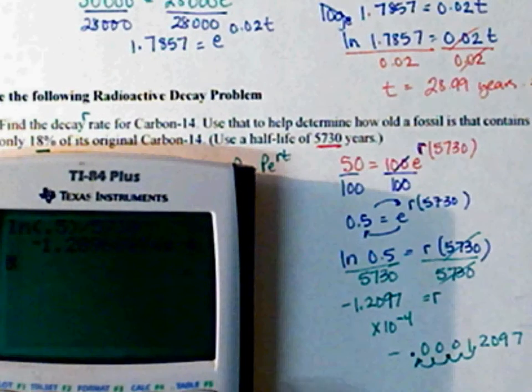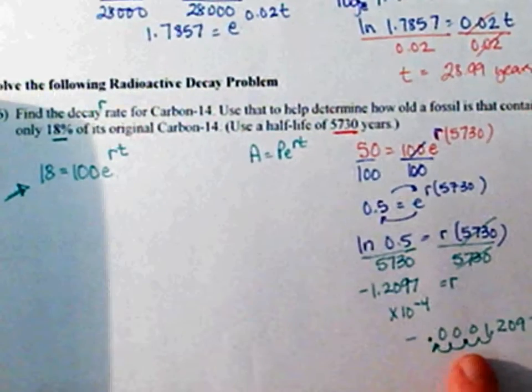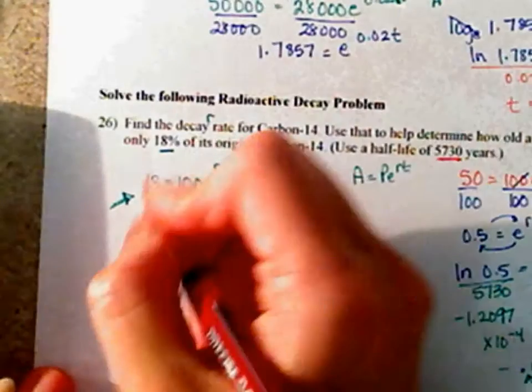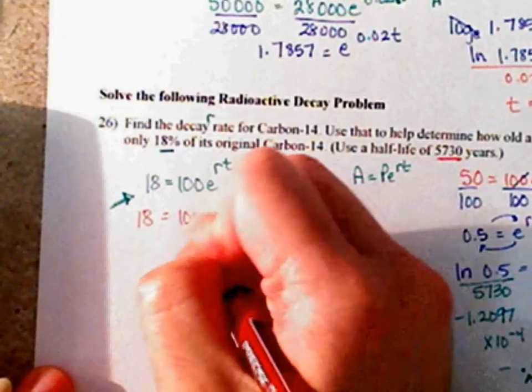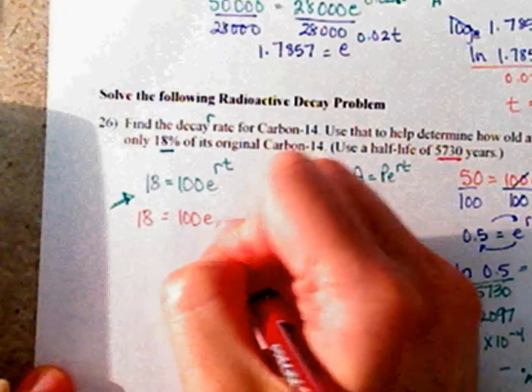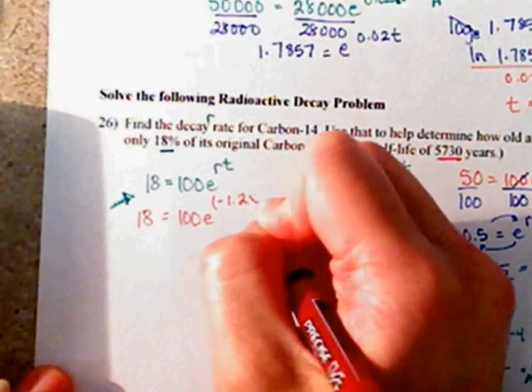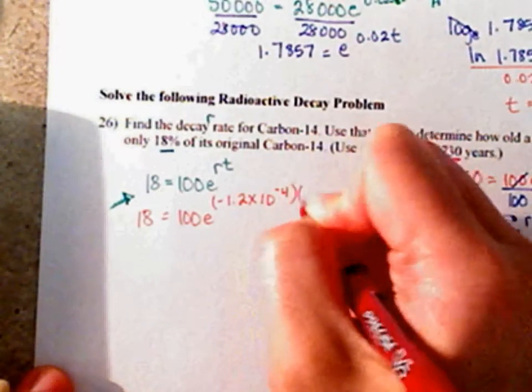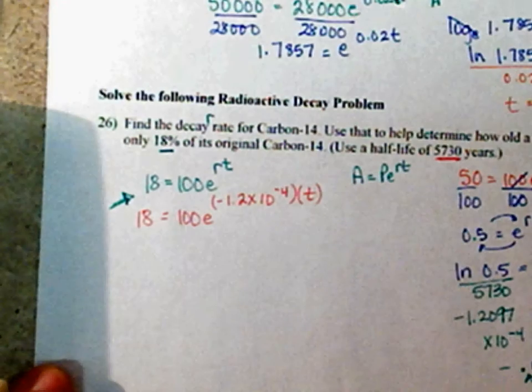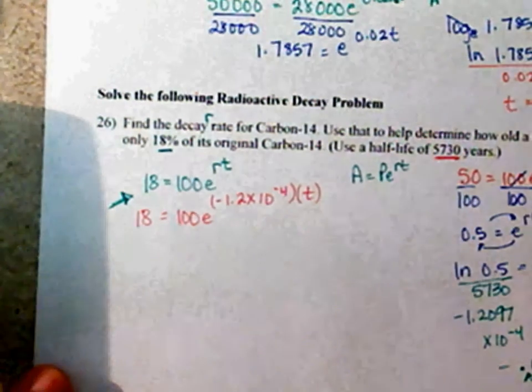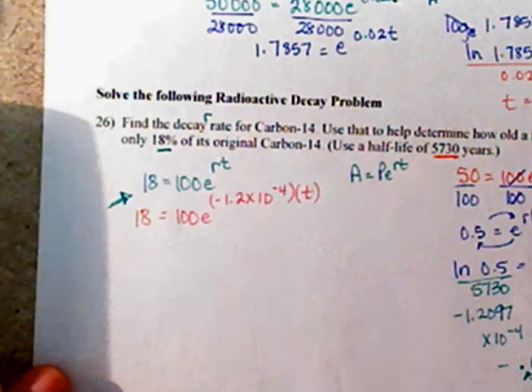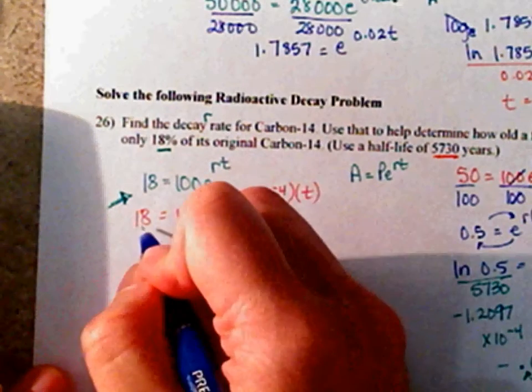All right. Now that you know what the rate is, now you can plug it back in. So you have 18 equals 100, because that's how much percent you have left, E raised to the negative 1.2 times 10 to the negative 4 times your t. Now you can know how old this fossil is, okay? Alrighty, same thing, 18 divided by 100.